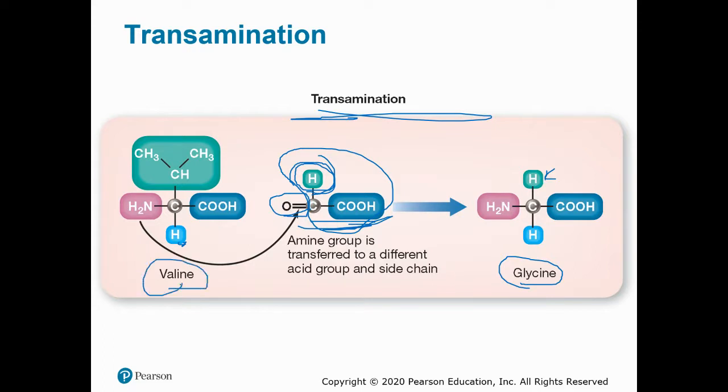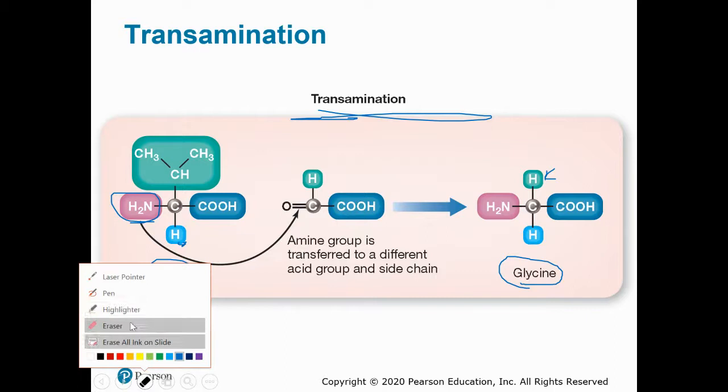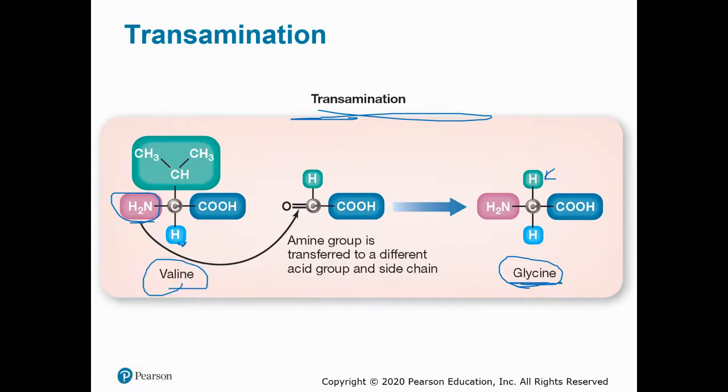Valine is going to donate its amine group, so it gets transferred over here. You can see if I erase my crazy lines, the amine group gets transferred over here to what would be the glycine backbone. And now we actually have glycine now that the amine group is attached.